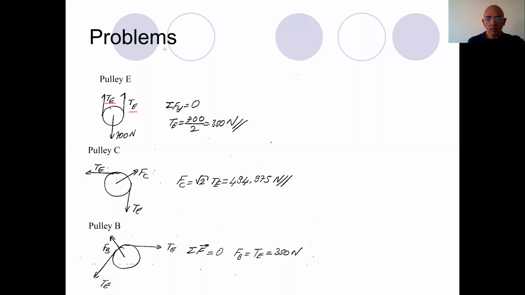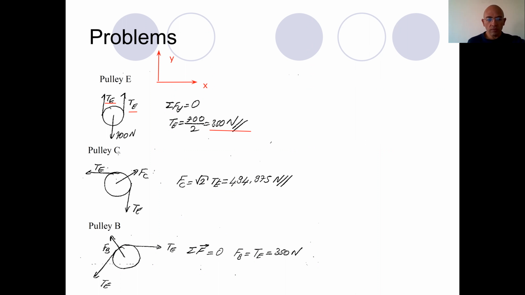Again, we say that the horizontal axis is X and vertical axis is Y for all components. So as a result, sum of the forces in Y direction has to be equal to 0. From here, we can say that the tension in the cable is 700 divided by 2, and that's equal to 350 newtons.